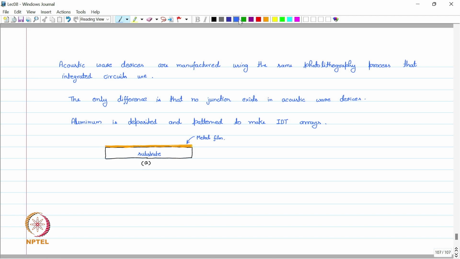This is the metal film, and in the second step we use photolithography. So this is our substrate, and on top of this we have metal.